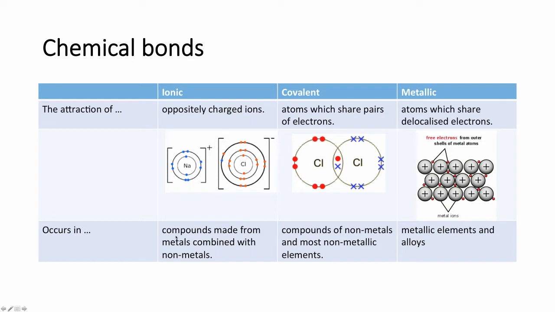Okay, so this occurs in metals because they form positive charge, and non-metals because they form negative charges because they want 1, 2, 3 electrons to complete their full outer shell.